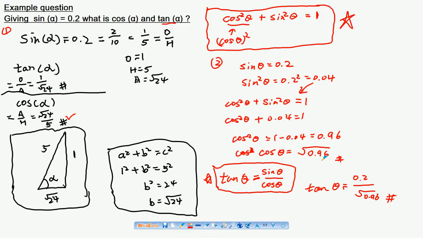They are basically the same value. If you check them on a calculator, they should be the same.